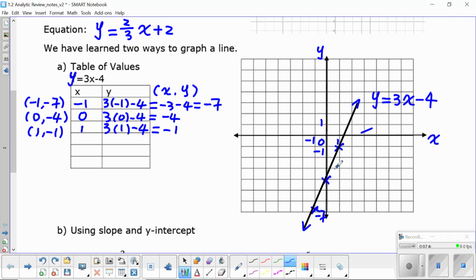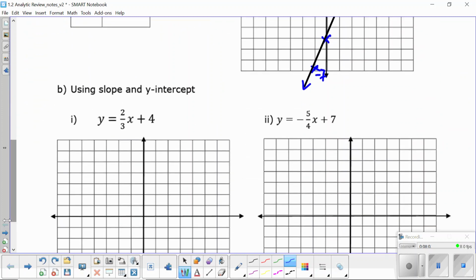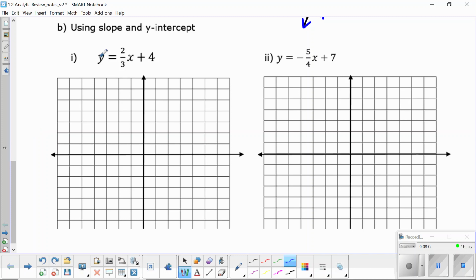But in our future graphing, most of the time we don't use a table of values because it's troublesome. So we want to use the slope y-intercept method. We know that slope-intercept form for the equation of a line is in this form.